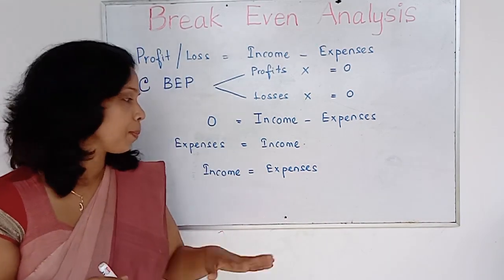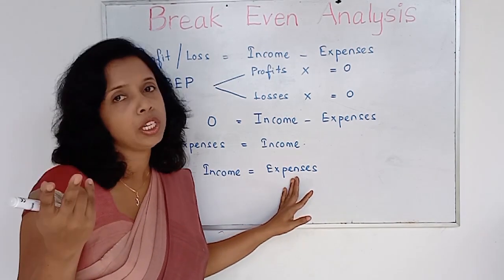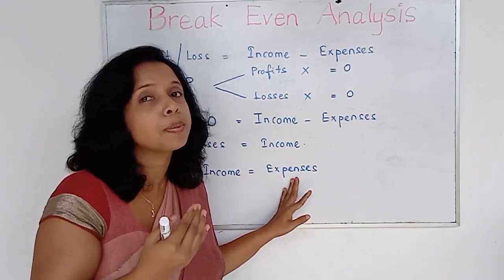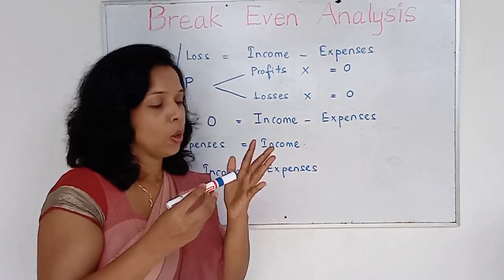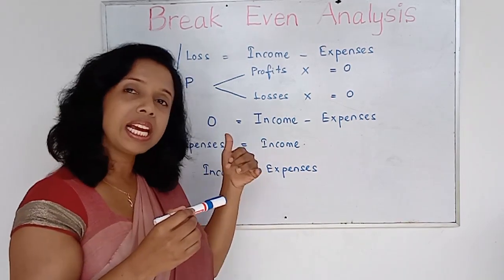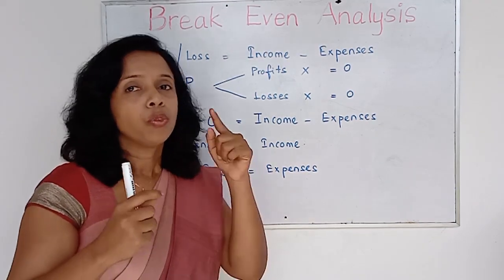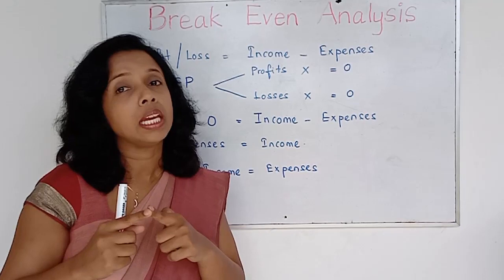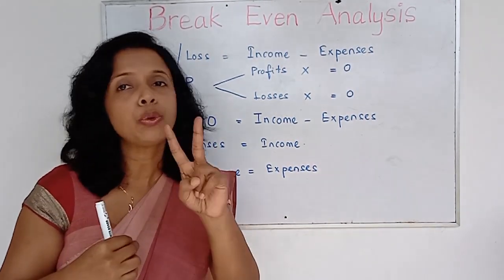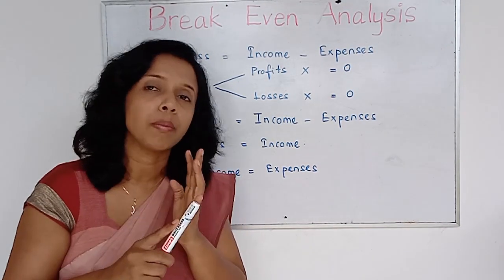What is that? Can you remember in my previous videos, I told you in the business we do have 3 types of expenses, 3 types of cost: variable cost, semi-variable cost, and fixed cost. But for the break-even analysis, to discuss this theory, the first assumption will be, I assume in my business, I do have only two types of expenses, two types of cost, that is variable cost and fixed cost.